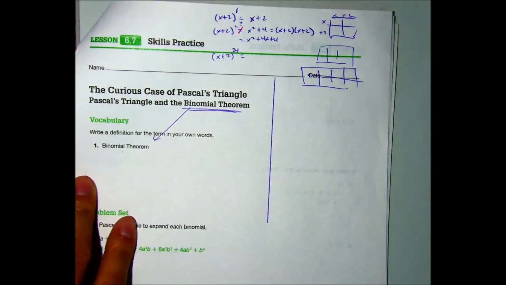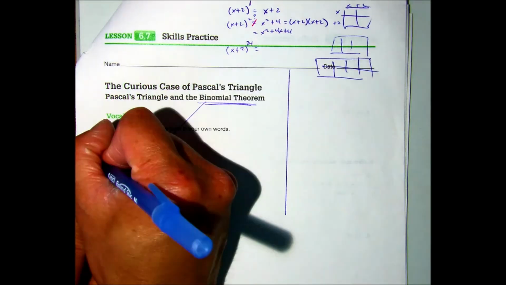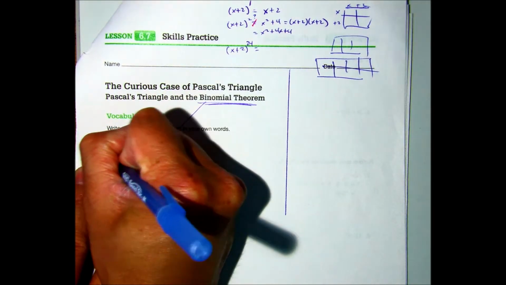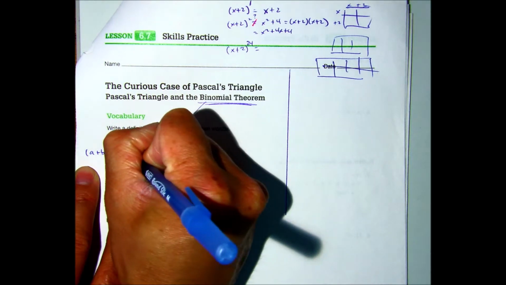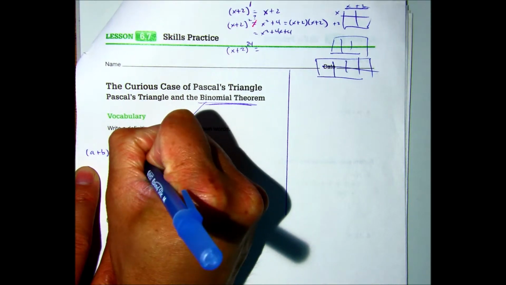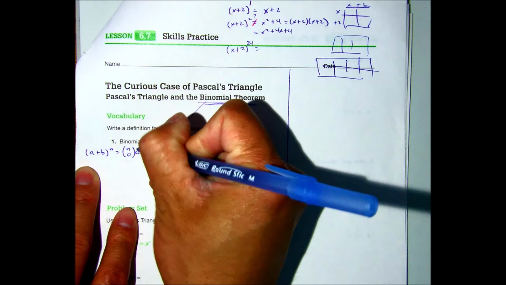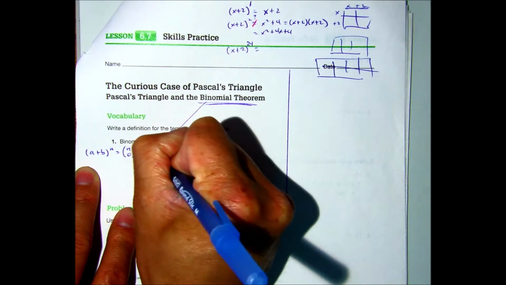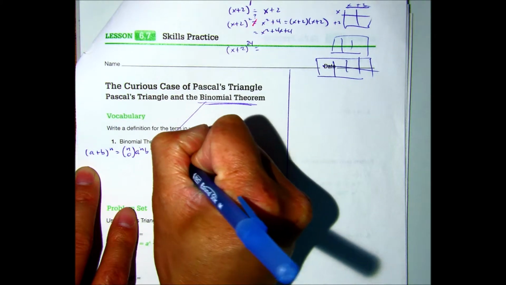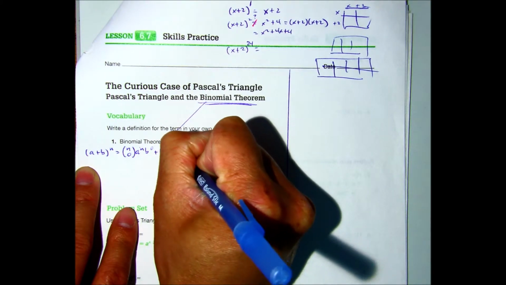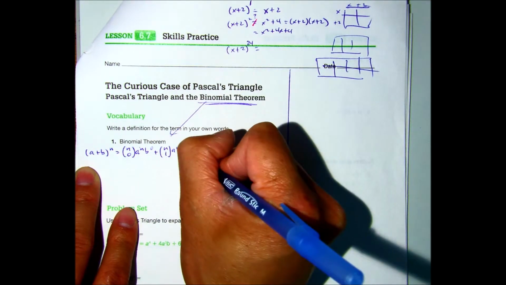You will be given, in the form of a plus b to the n power, n choose 0, a to the n, b to the 0, plus n choose 1, a to the n minus 1, b to the 1.